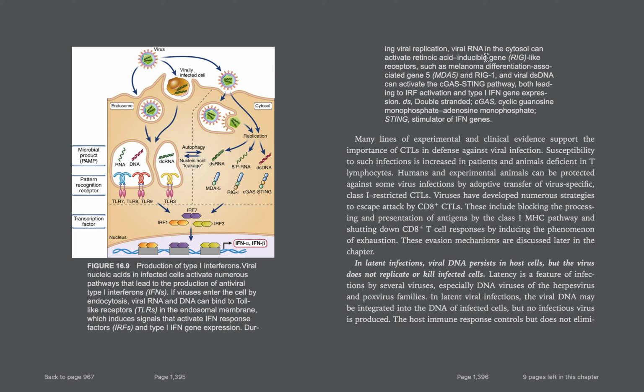Viral RNA in the cytosol can activate retinoic acid inducible gene-like receptors, such as melanoma differentiation associated gene 5, MDA5, and RIG-I, and viral double-stranded DNA can activate the cGAS-STING pathway, thus leading to IRF activation and type 1 interferon gene expression.